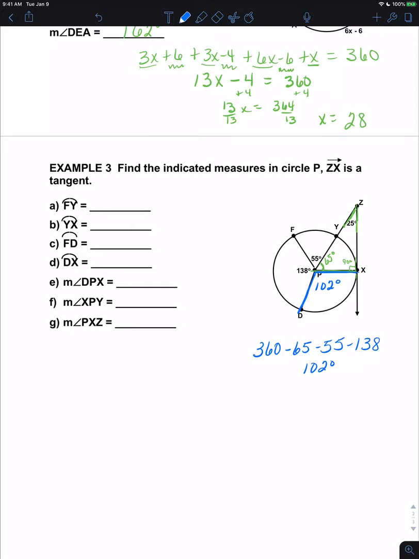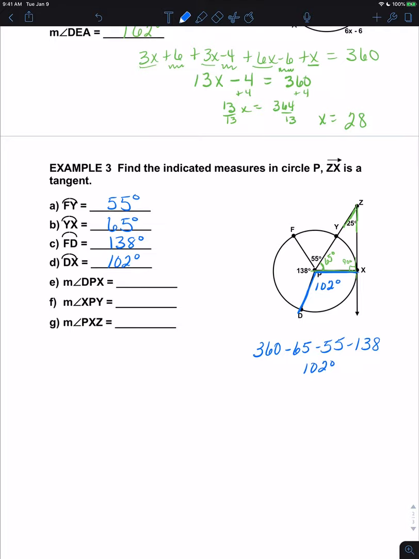All right, so now let's answer the questions. The arc from F to Y, well, if the angle is 55 degrees, then the arc is also 55 degrees. Y to X, remember that angle measure was 65 degrees, so the arc is also 65 degrees. F to D is 138. D to X was 102.